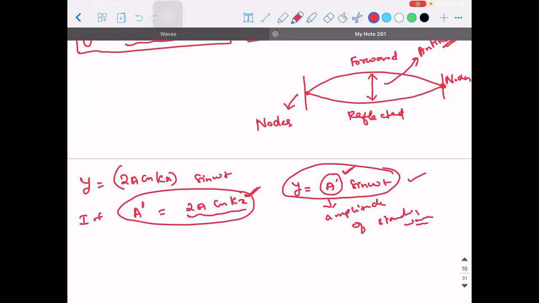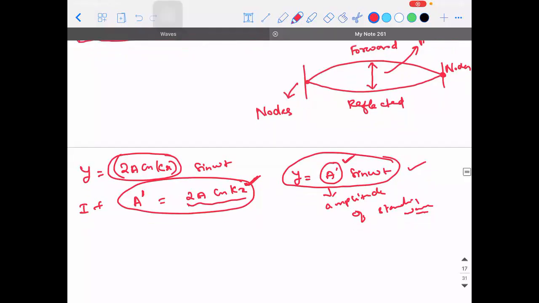Is it clear? Sir, so the formula of A dash is 2A cos. It is not a formula. If I call that A dash, I am trying to call this whole thing the amplitude of the standing wave. So don't misunderstand it as a formula.